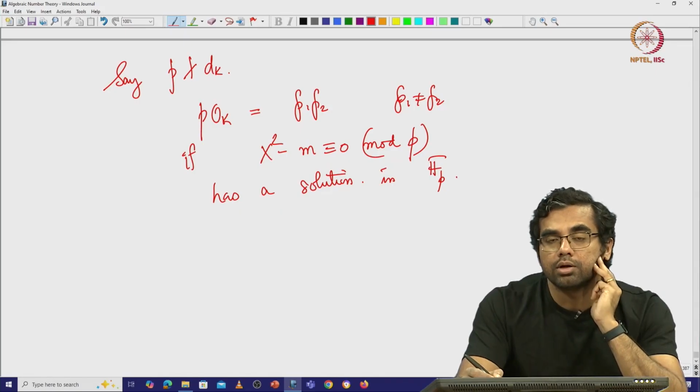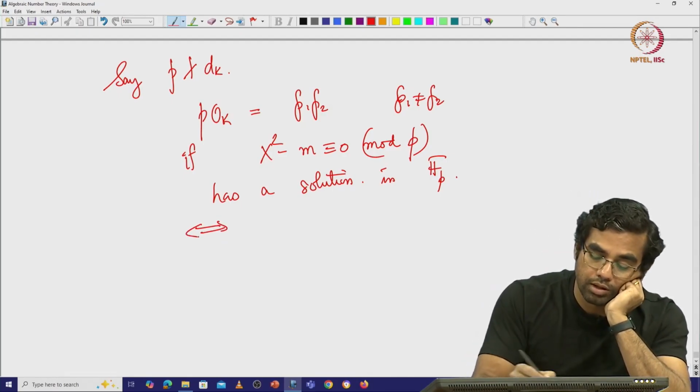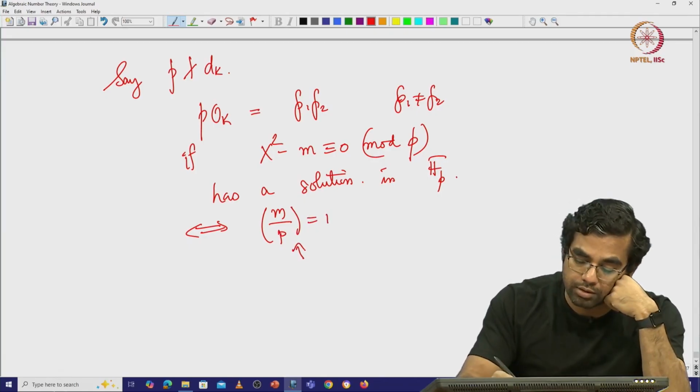This is what we saw in a theorem that we proved about how primes split. So, this is if and only if (m/p) is equal to 1. This is the Legendre symbol.